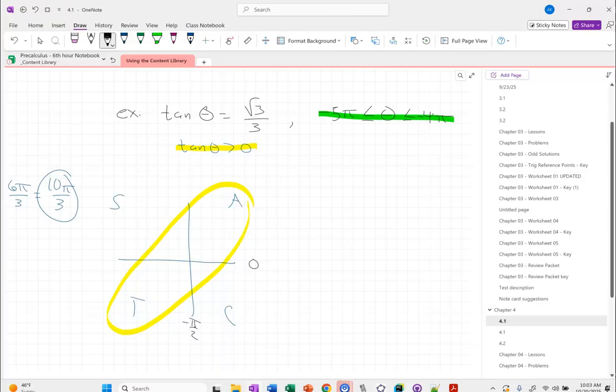So -1/2, -1, -1.5, -2, -2.5, -3, -3.5, -4, that's my start, -4.5, -5, that's my end.